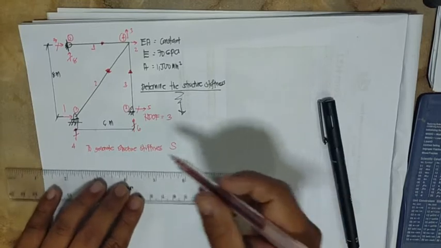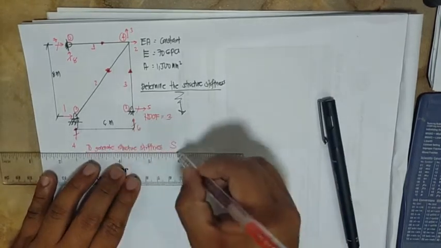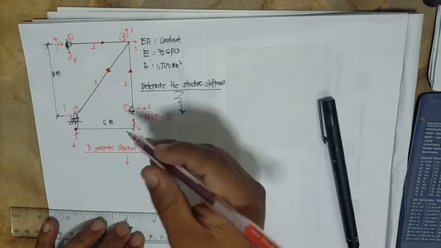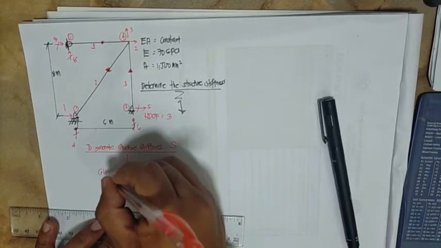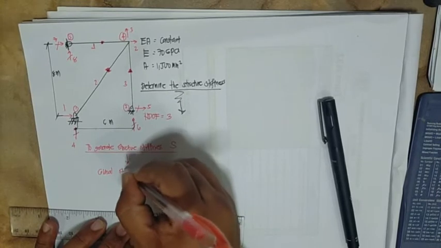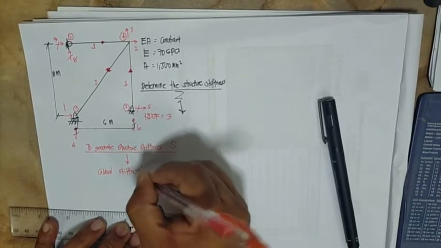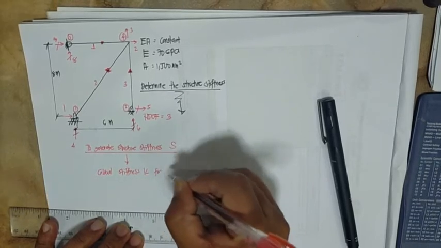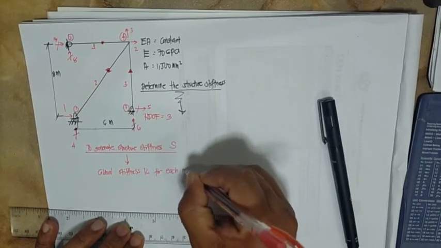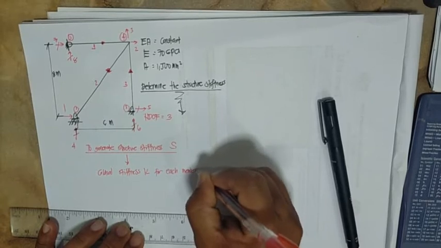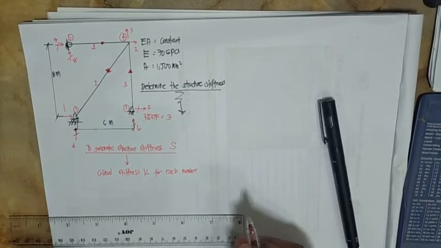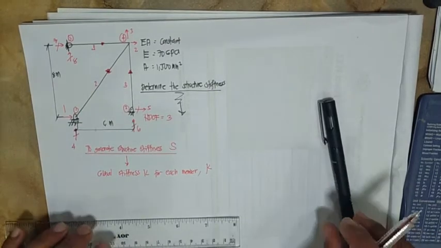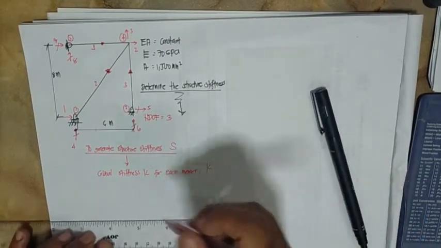Okay, to determine this one, we should have the global stiffness K for each member, which is represented by K. So, we can now proceed with member 1.